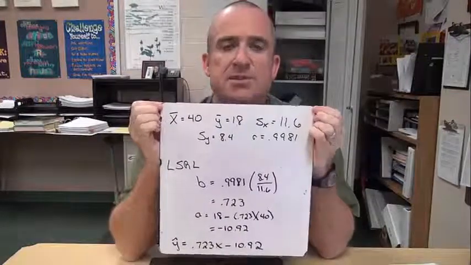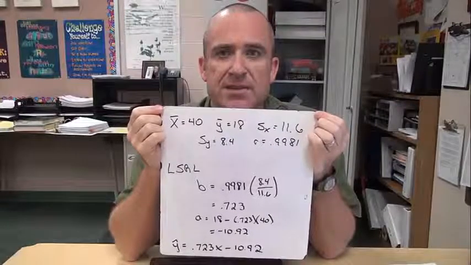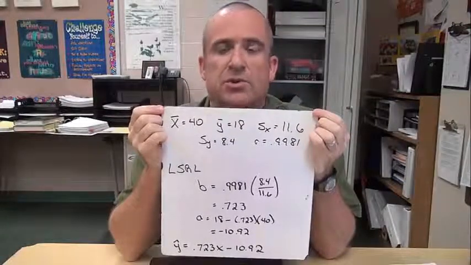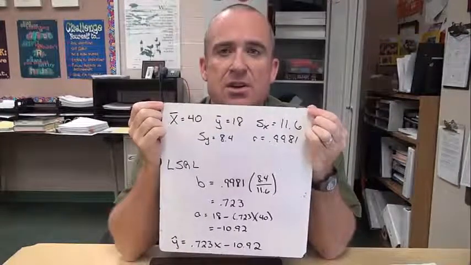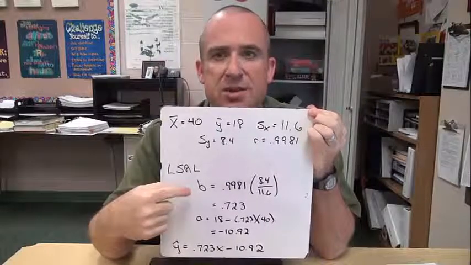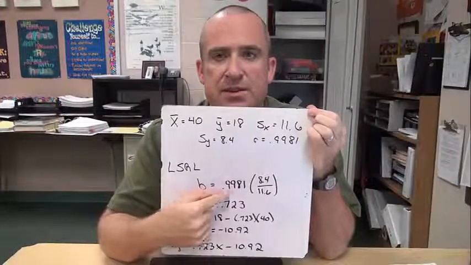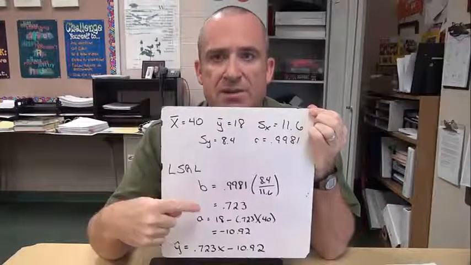Okay, so now once you have that, you can use those equations. On your notes, you were given a list of data. You were told what x bar was, what y bar was, and what s of x, s of y, and r were. Now that you have the equations, you can plug all those numbers into them. I plugged them all in here to figure out what your b value is.